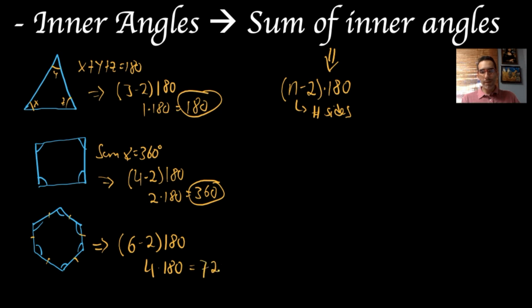This is 720. That will be the sum of the inner angles of a polygon or a figure, okay? In this case, specifically, 720, if the figure that we're talking about is a hexagon. So always, this is the formula that I need to remember: n minus 2, times 180, where n represents the number of sides, okay?